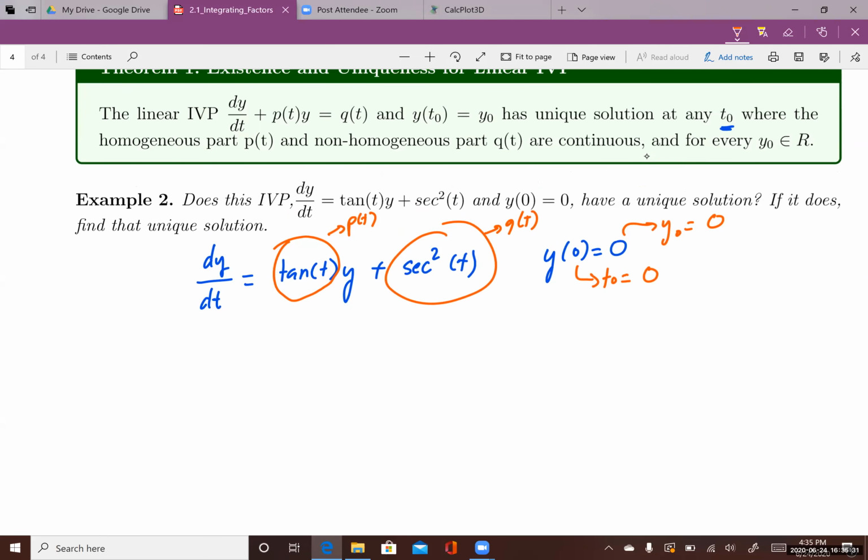Oh, this is an equation in terms of dy dt. And again, if you want to transform this equation to this form, you can just take dy over dt minus tangent of t times y equals secant squared of t. In this case, P of t will include the negative.